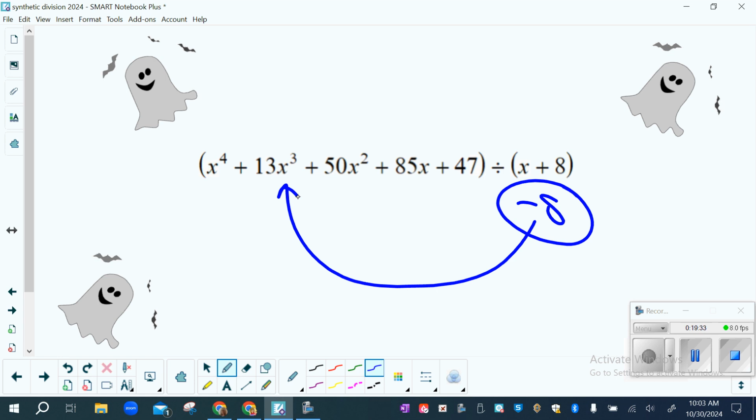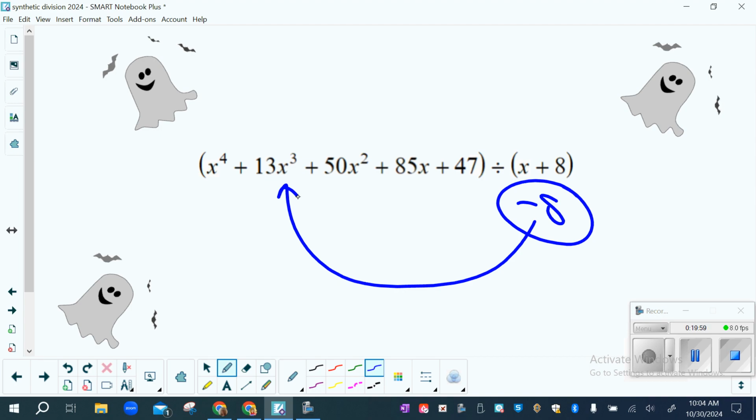I think synthetic division on this one would be faster. And you're thinking, why are you telling us this? Because for 2 reasons. One is, if you're stumped, if you get to the test and you panic and you forget how to do this, could you plug this in and see if it equals 0? Absolutely. It will always work. Is it the fastest? I don't know.